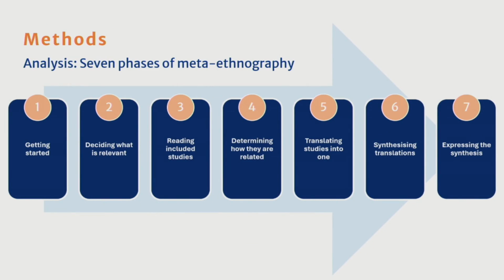Yeah. It depends on what kind of research you're doing. When we're looking at qualitative research, we want to first of all get our question, decide what's relevant. So number 2 is deciding what's relevant. So again, really narrowing down.